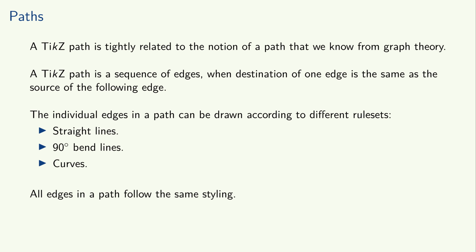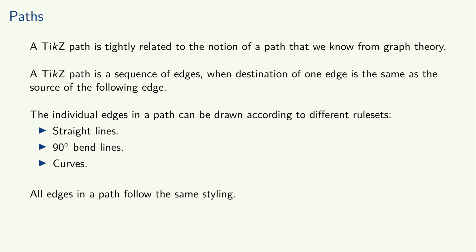It is a sequence of edges where the destination position of one edge is the same as the source position of the following edge. So they are essentially a sequence of edges that are chained together and sharing nodes in between.